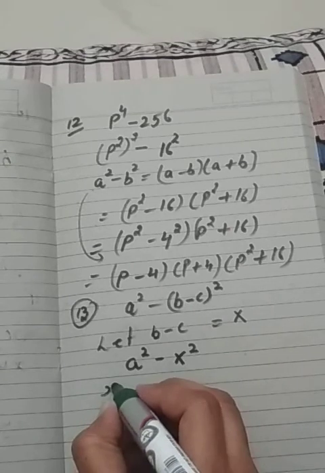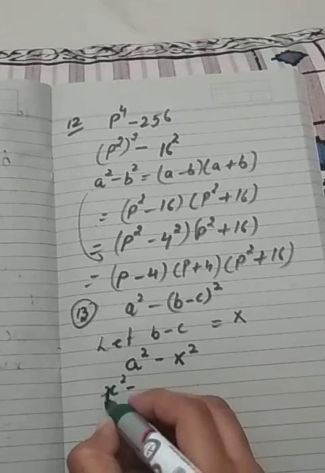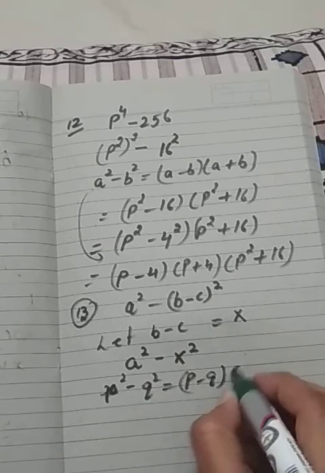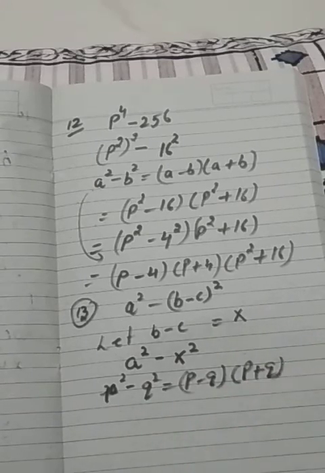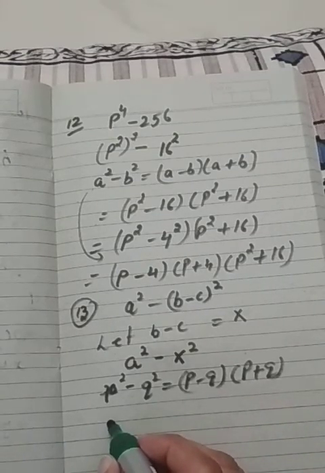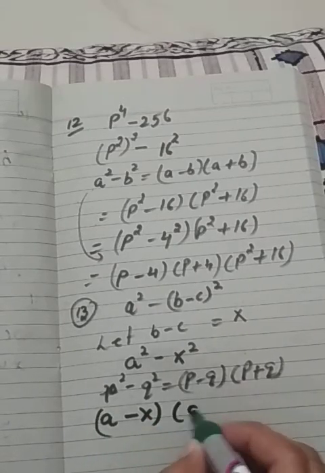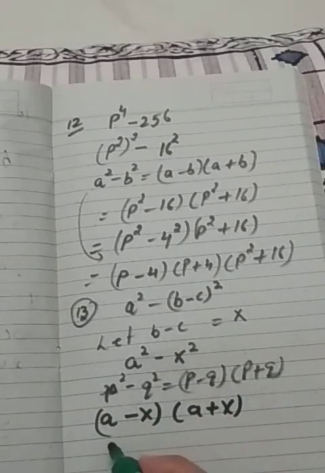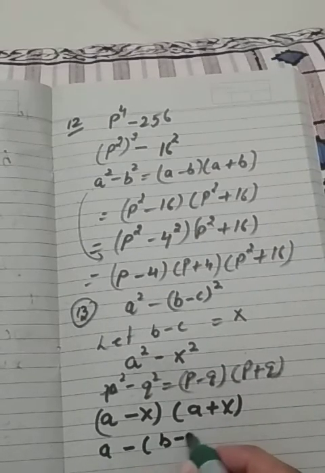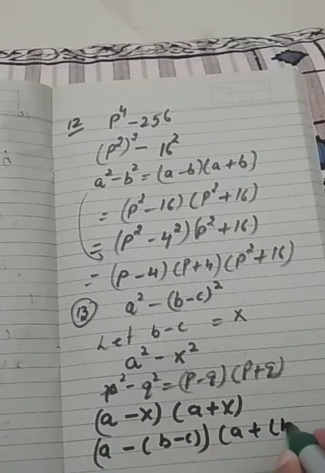It means here is a capital X square minus, or you can take as a p square minus q square, that is p minus q and p plus q. Now the next step is a minus x and a plus x. Now fill the value of this one. A minus value of x is b minus c. A plus b minus c.